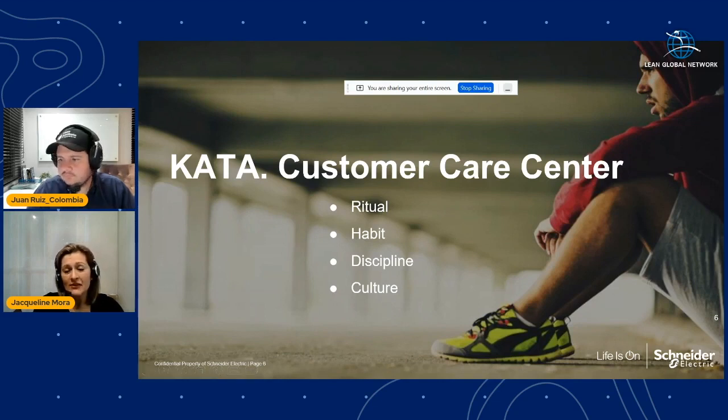Because creativity is a muscle, and people have the power to increase this muscle. So this is our main principle using Kata in Customer Care Center. And for sure, just with people, you can refresh your process in an authentic way, or in a feasible way.